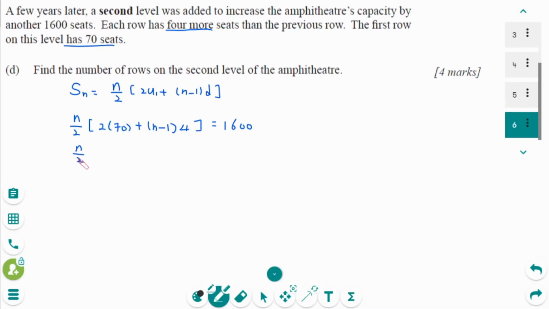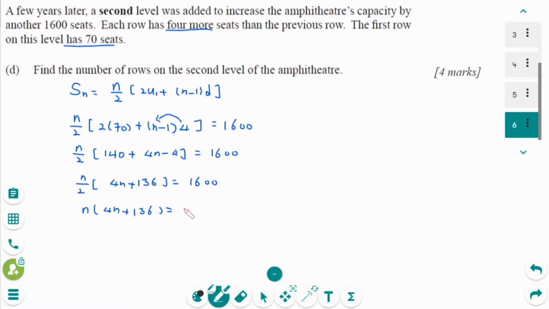Then n over 2 times 140 plus 4n minus 4 equals 1600. Then n over 2 times 4n plus 136 equals 1600. Then times 2 on each side. n times 4n plus 136 equals 3200.